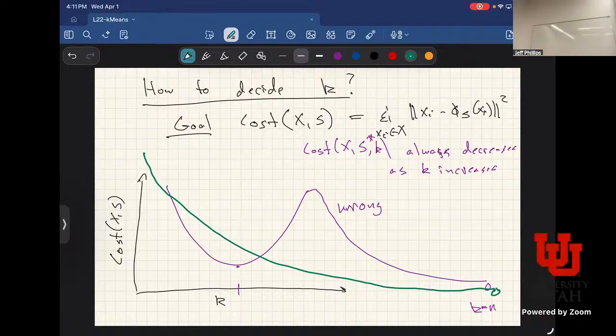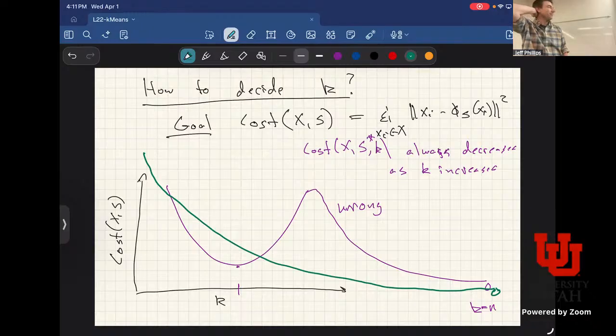That's wrong. It has to always decrease. So now how am I supposed to pick k? Now it's not so clear. It's always decreasing. The more I increase k, the cost always decreases. So now I don't have a good way to pick k anymore. Now I'm kind of in trouble.